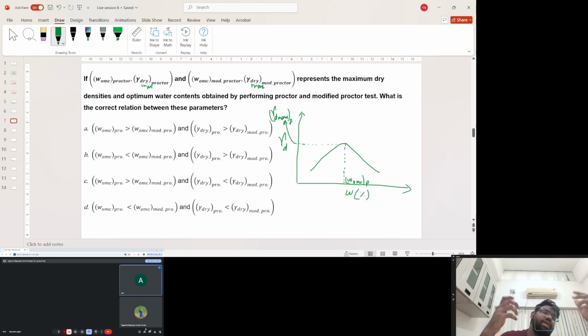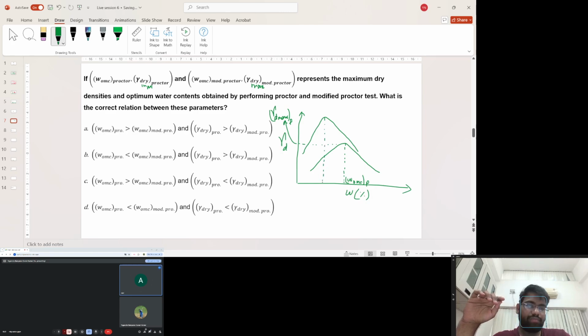Since the total energy is higher, the soil is capable of attaining an even higher maximum dry density at a lesser moisture content, the optimum moisture content. So for modified Proctor, the compaction curve tends to shift slightly upwards and towards the left.